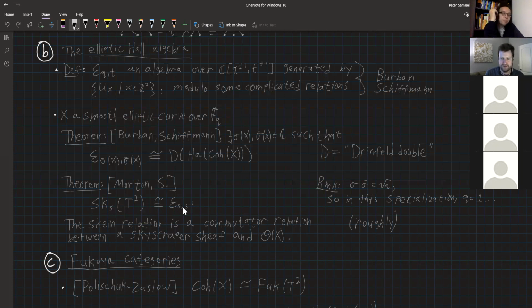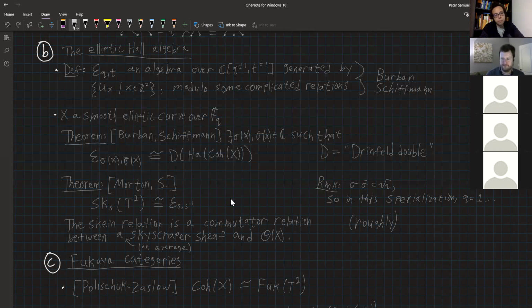If you translate this over to the elliptic curve side, I say roughly because this isn't literally true because of this specialization, those two curves that I was looking at correspond to an average of skyscraper sheaves. That's one of the curves, and the other curve is just the structure sheaf. So there's a commutator relation in the Hall algebra between these two elements, and that is essentially the Skein relation.